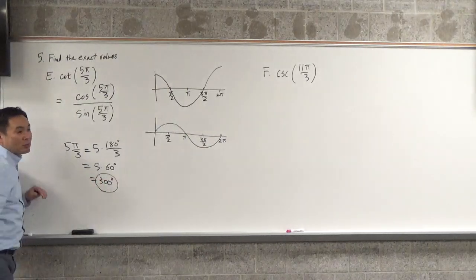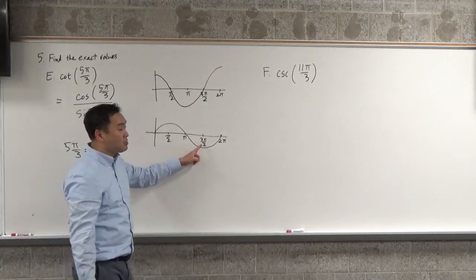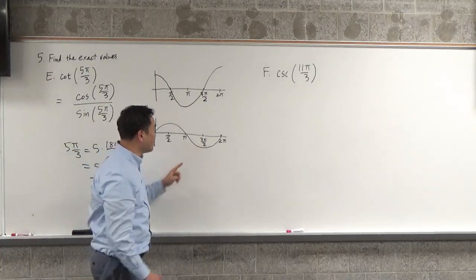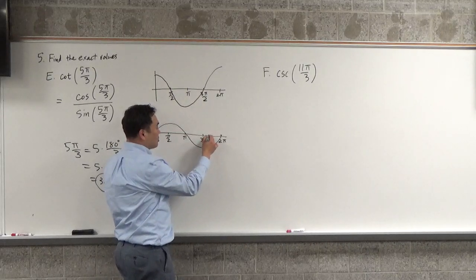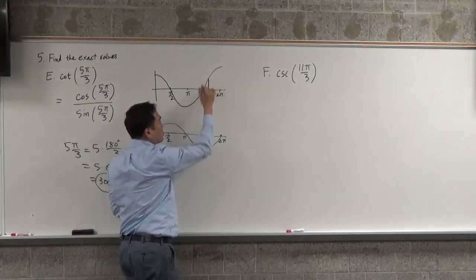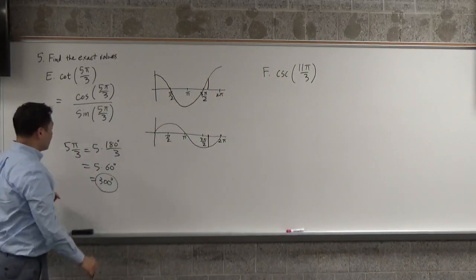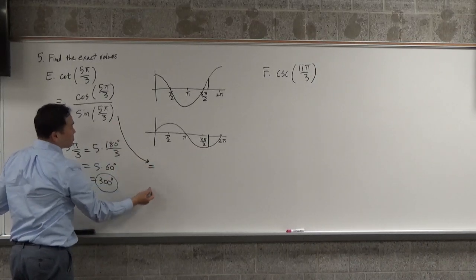Okay, 300 degrees is 30 degrees more than 270 degrees, which is this guy here: 270 degrees plus just a little bit. So this is the place that we were looking at. Now let's try to figure out the values.